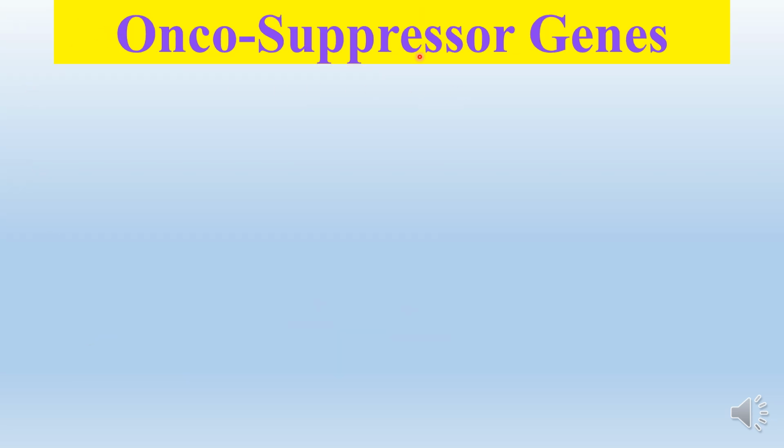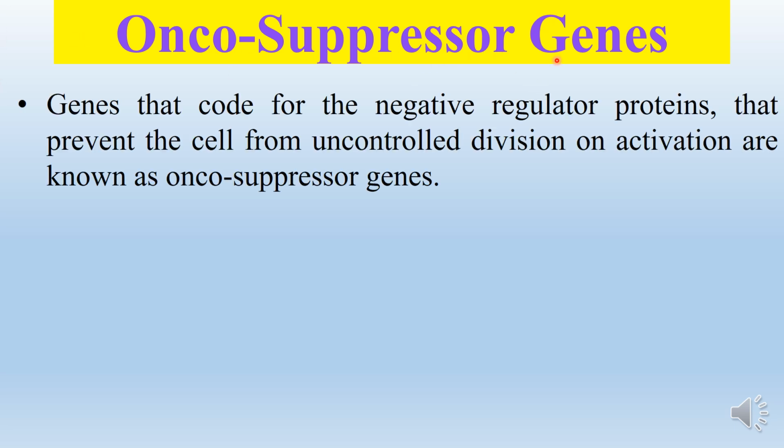Oncosuppressor genes. So after knowing what are oncogenes, proto-oncogenes and oncogenic viruses, let us look at suppressor genes. These are also known as tumor suppressor genes. That is the alternative name. The genes that code for negative regulator proteins that prevent the cell from uncontrolled cell division on activation are known as oncosuppressor genes.